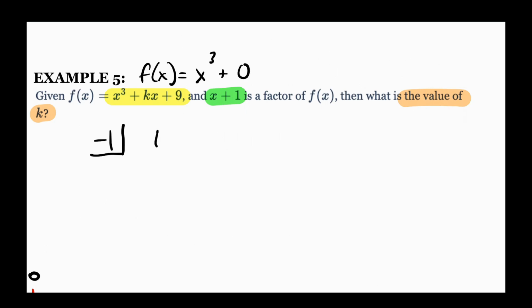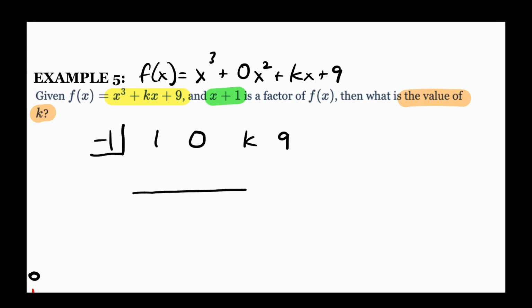It's missing x squared, so I got to put 0x squared, and then kx, and then 9. So you got to put the placeholder. Then k, then 9. Okay? So it's just like one of our old problems, except there's a k in there. We'll deal with it when we get there.